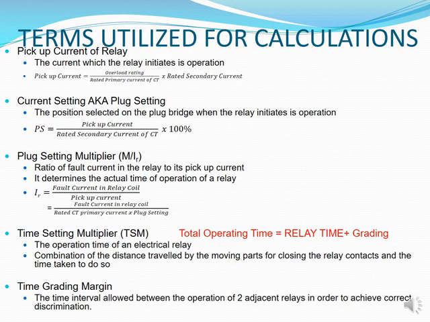Then we have what we call our time grading margin, which is the time interval that we allow between two relays that are adjacent for their operation in order to achieve what we call our discrimination between them. And that total time you see in red says it is equal to relay time plus grading. I want you to keep that for now. You will see when we start doing things in the practice how it comes across.